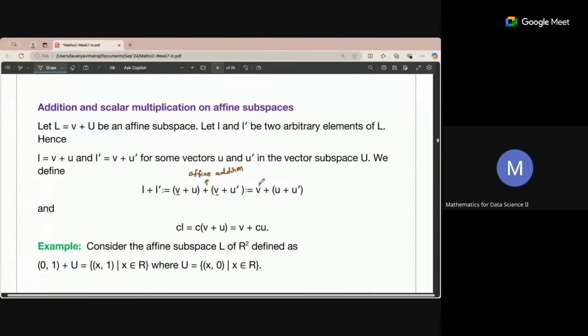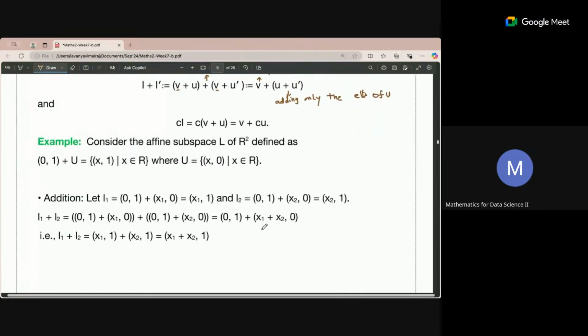So I am just keeping V as it is and adding only the elements of U. And similarly for scalar multiplication, I'm going to keep V as it is and do the scalar multiplication only with the U part. Now we'll look at an example, then it will be more clear.